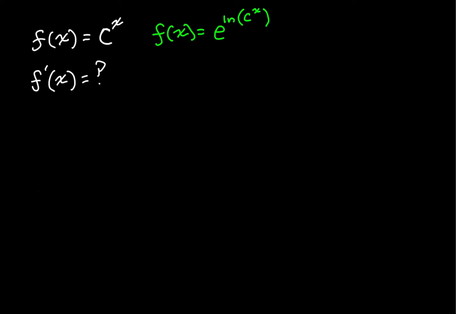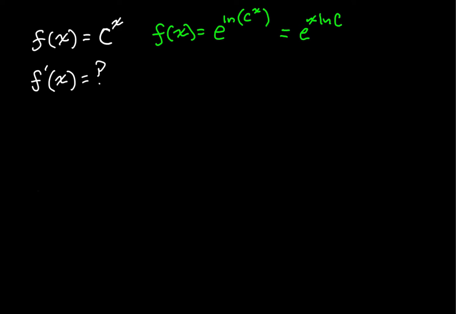The e and the natural log would cancel out, but we're just going to have it in this form because that e there is something we're a little bit familiar with. And this, because of exponent properties, can be rewritten as e to the x natural log of c. Hopefully you're with me, but that's just using exponent rules and redefining our function a little bit, but it's still the same function.